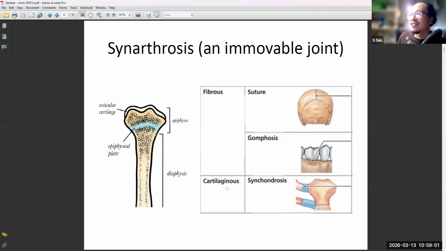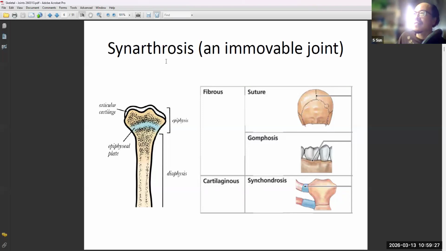So that's the typical example. Suture, gomphosis, and epiphyseal plate or synchondrosis. You can have fibrous structure, cartilaginous structure, but if we classify by function, they are all synarthrosis. So that's the first class.